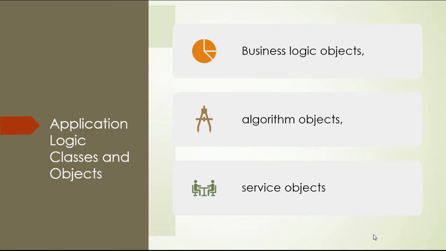We have here three types of application logic objects. The first one is the business logic object, then the algorithm object, and the service object. And we see here all three are not data, not entities that should be represented in entity classes.